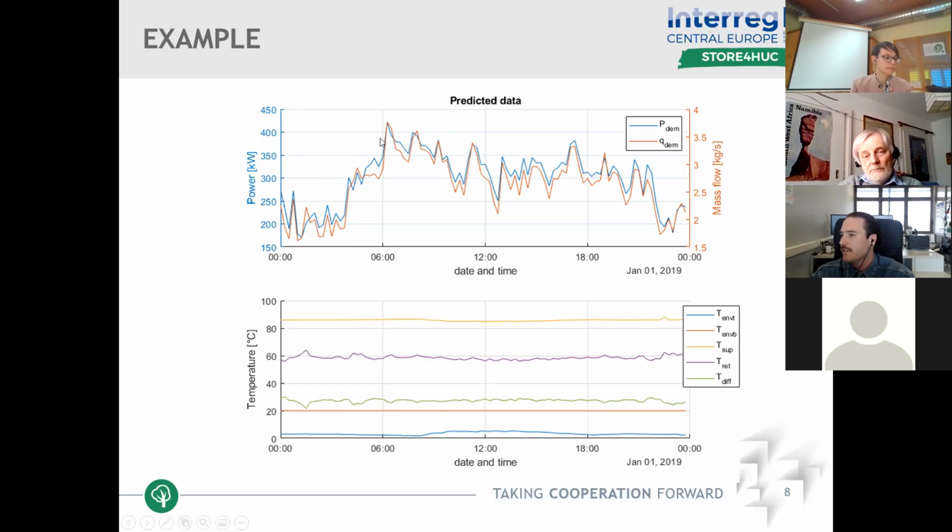As we see, the flow will follow the power as the temperature difference of these two is the same. So the green line is this temperature difference. The red line is the environment temperature around the boilers.